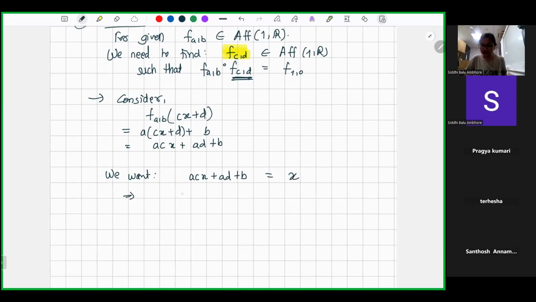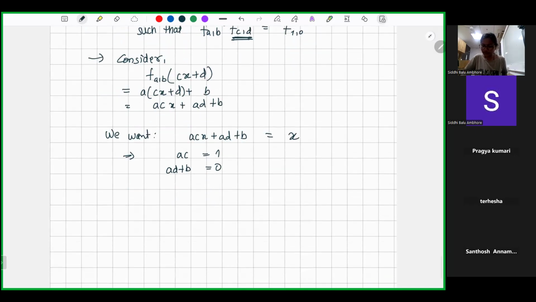This implies that ac must be equal to 1 and ad plus b must be 0.